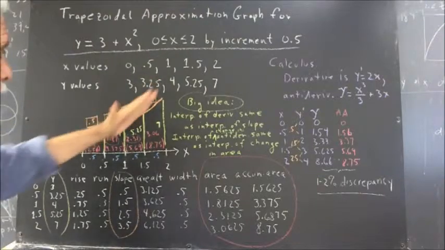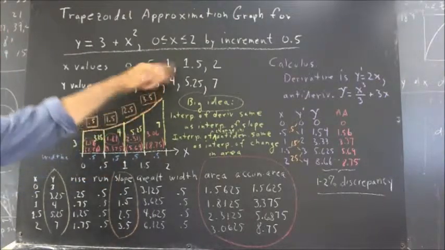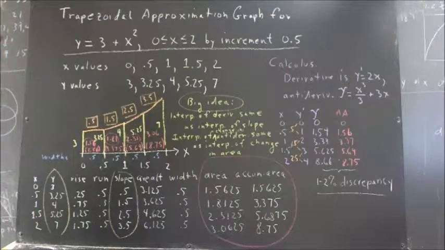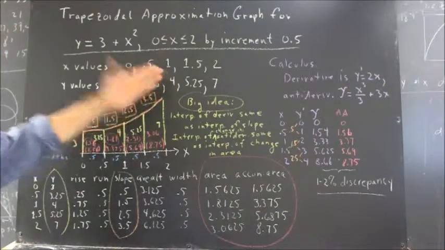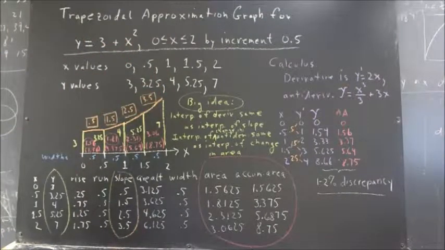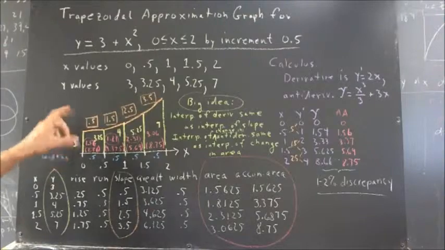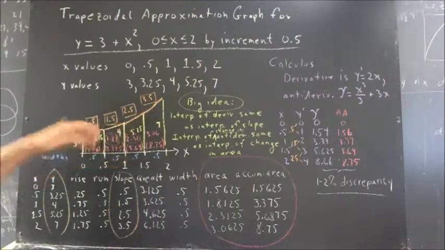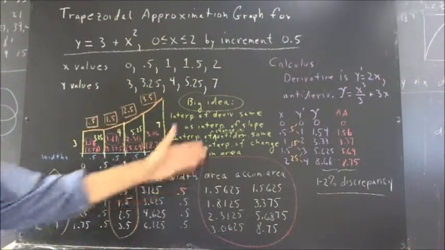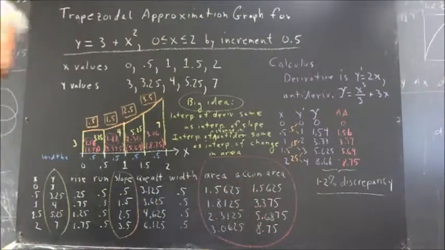So the actual area under the curve is going to be, in my estimate, 1 or 2%, and that turned out to be a good estimate, but that was just dumb luck. 1 or 2% less in this case than the areas we get with the trapezoidal approximation.